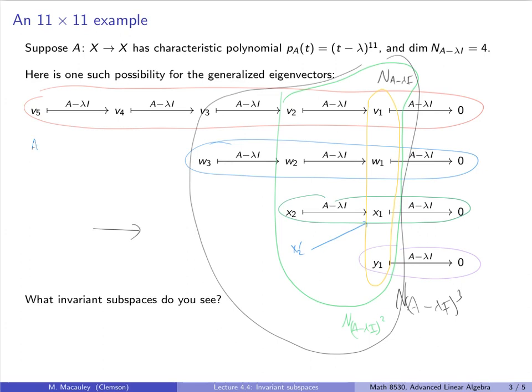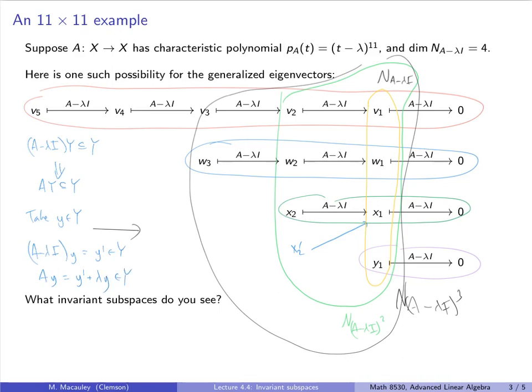So let's suppose that A minus lambda I times Y is contained in Y. Then I claim that AY is contained in Y as well. To see why, let's take some vector little y in big Y, and we know that A minus lambda I times little y is some, say, y prime in Y. So that means that Ay equals y prime plus lambda y, which is also in Y.